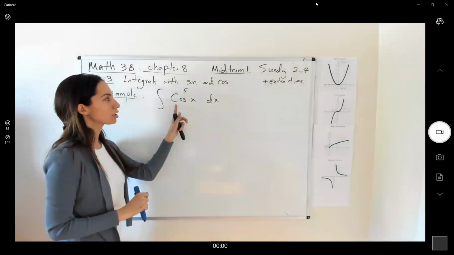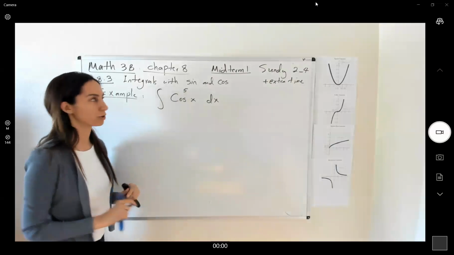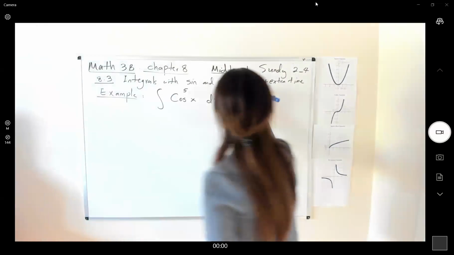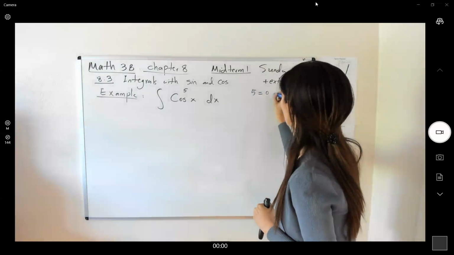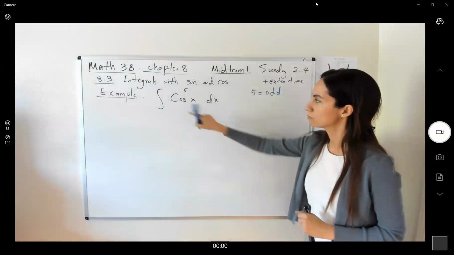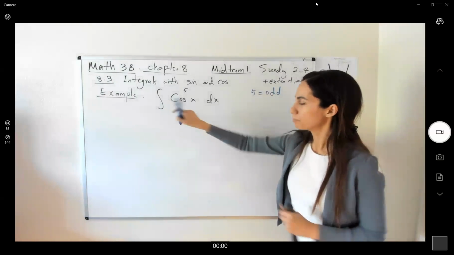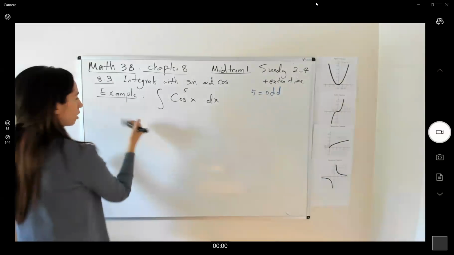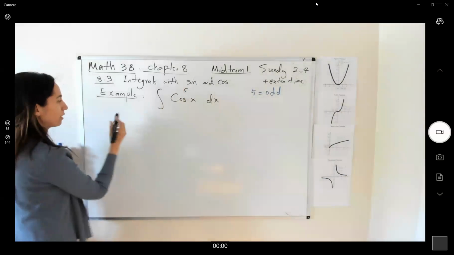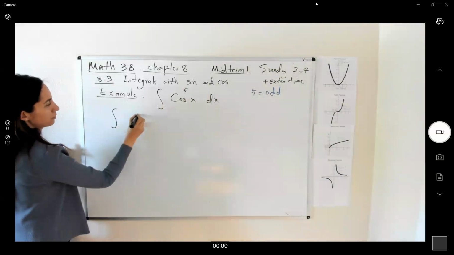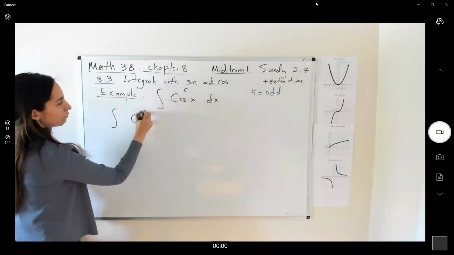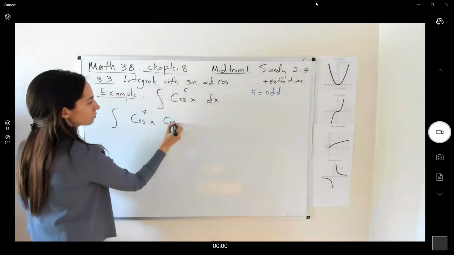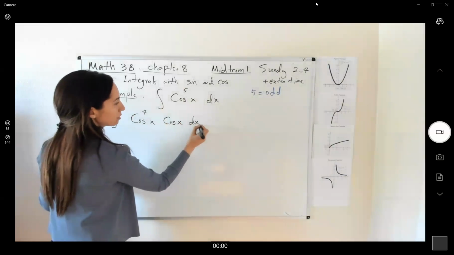Here you have cosine to the fifth power. 5 is an odd number. Very well. Let me rewrite cosine to the fifth as cosine to the fourth times cosine x dx.